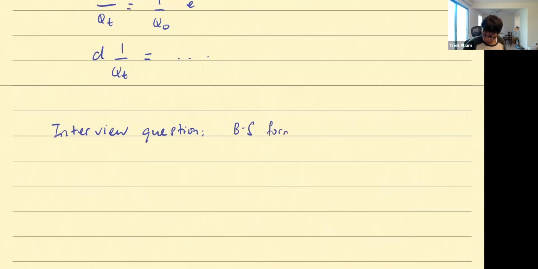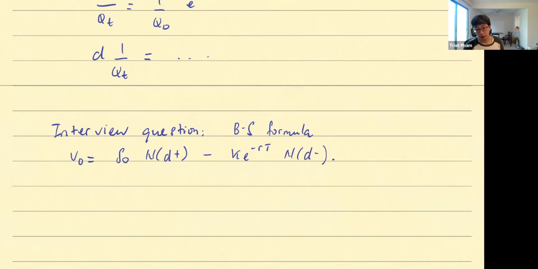Everyone going to interview for these kinds of jobs must know the Black-Scholes formula by heart: V0 is S0 N(d plus) minus K e to the minus rT N(d minus). Of course, that's not even a question, that's a warm-up question. The interviewer will ask you, tell me the Black-Scholes formula, and you say blah, blah, blah.